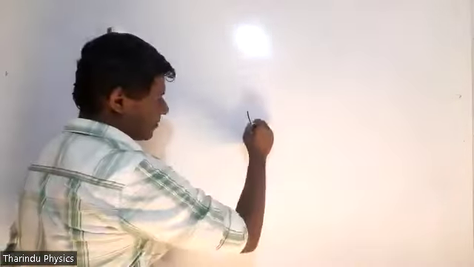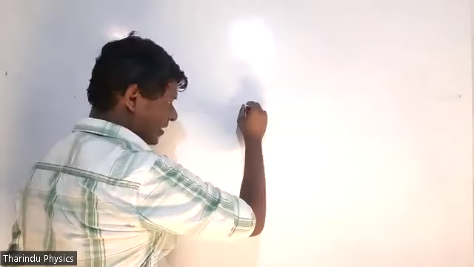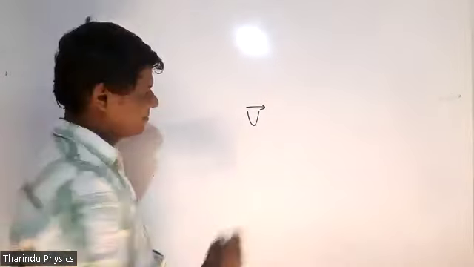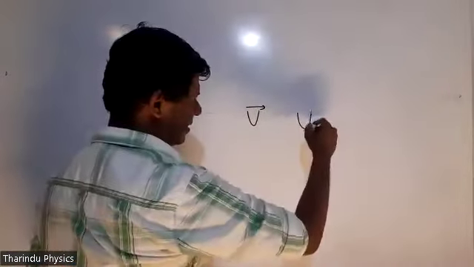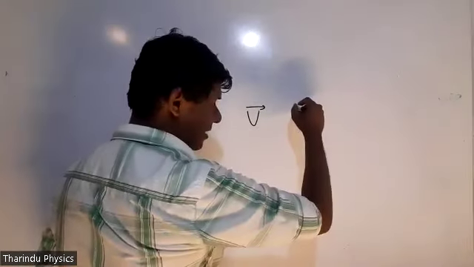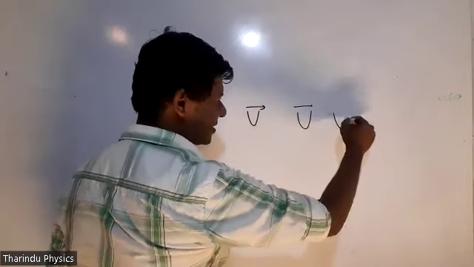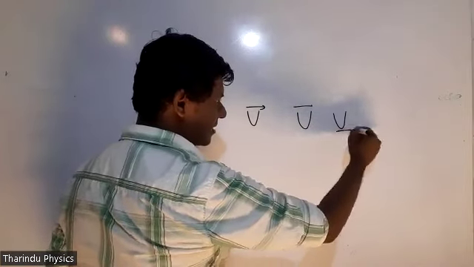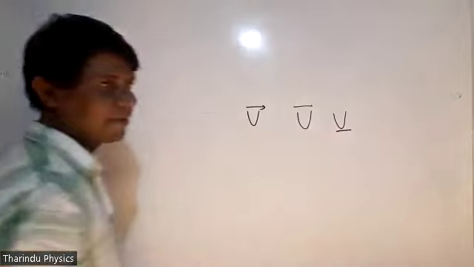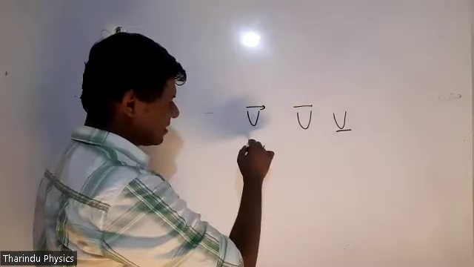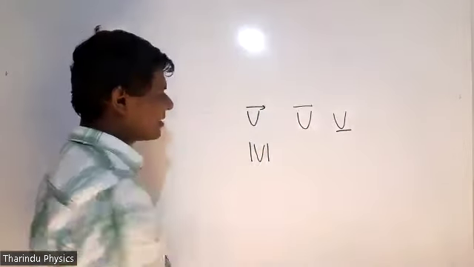This is the good way. You can represent a certain vector with a certain arrow on the top. You can represent the same vector with a dash line up. You can represent the same vector with a dash line just at the bottom of it. You can represent the same vector inside a square bracket like this.